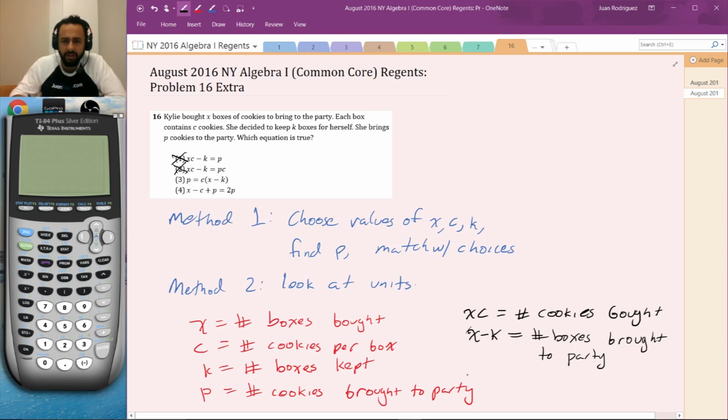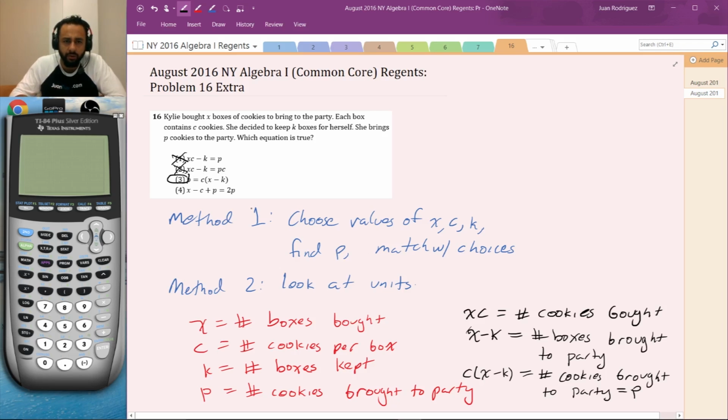Now C times X minus K is equal to, let's see, the number of boxes brought times the number of cookies per box is the number of cookies brought to the party. Which in fact, by definition, is P. So equation 3 actually does say that P is equal to C times X minus K. So that is in fact the correct answer.